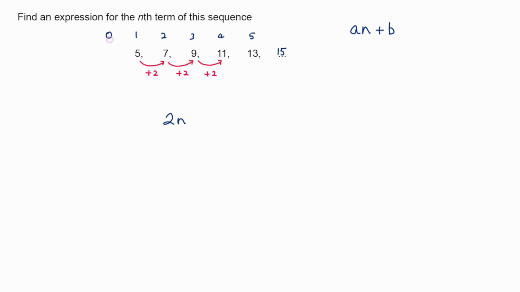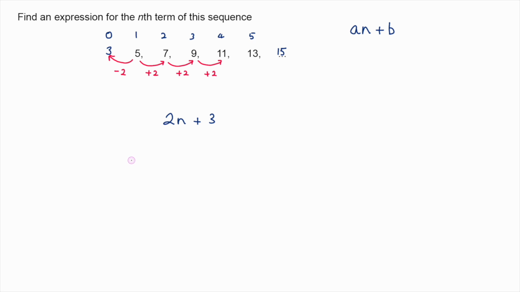So in other words, what value would be here? Well, if we're adding 2 each time, all I need to do is subtract 2 to get to this term here. So this value is 3. So we've got 2n plus 3. That's our rule. That's the expression for the nth term of this sequence.